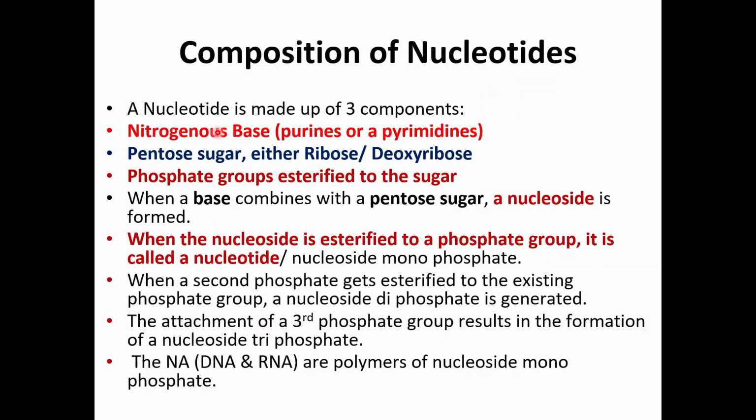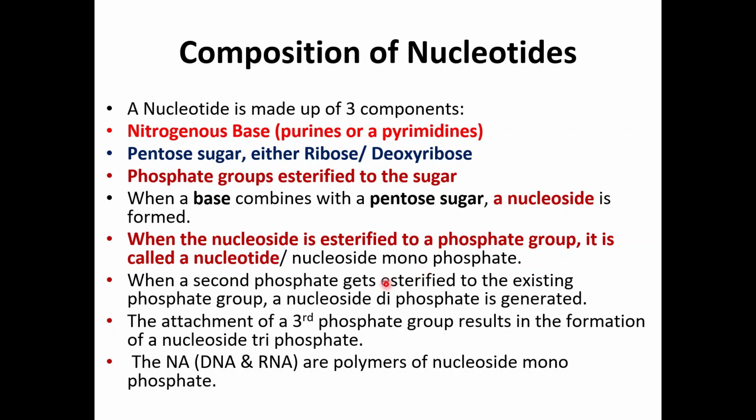Now the nucleotide, as you all know, is made up of three components: nitrogen base, purines and pyrimidines; pentose sugar, either ribose sugar or the deoxyribose sugar; and phosphate groups esterified to the sugar. When a base combines with a pentose sugar, a nucleoside is formed. When a nucleoside is esterified to a phosphate group, it is called a nucleotide or a nucleoside monophosphate.